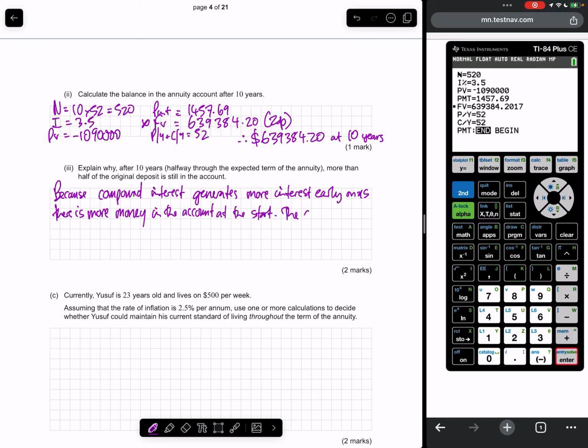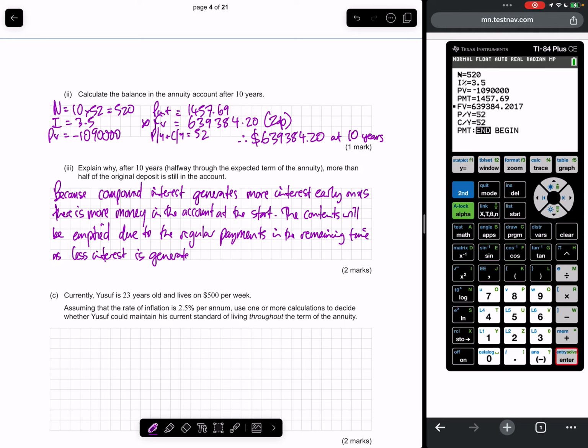The contents will be emptied due to the regular payments in the remaining time as less interest is generated on the smaller balance.